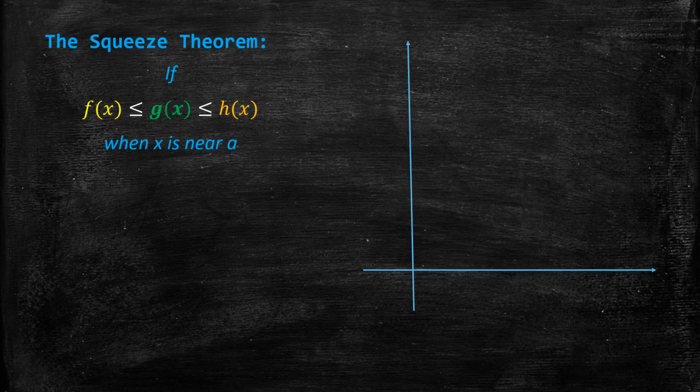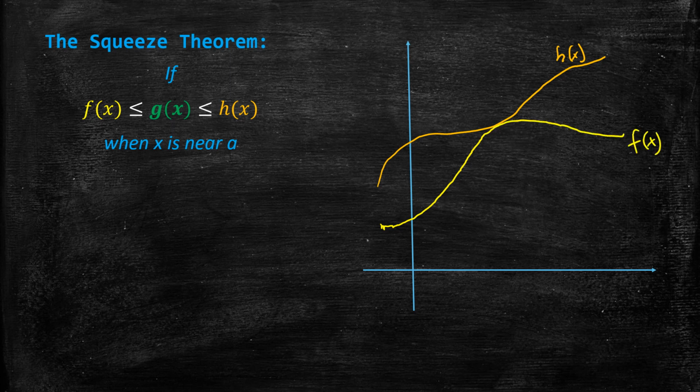So let's make a picture of this before we get into the statement of the theorem. So here's h hovering over here. This has to stay strictly above g. And here's f. Part of the preconditions for the Squeeze theorem to apply is that f and h are in fact going to have to meet at some point, otherwise the Squeeze theorem wouldn't apply.